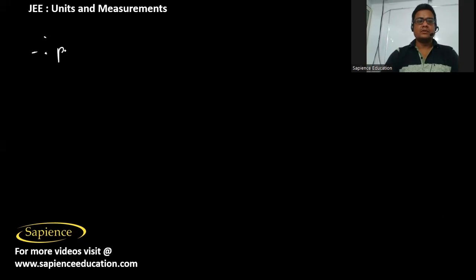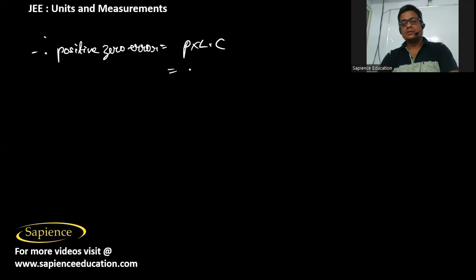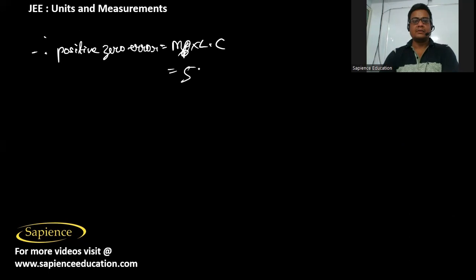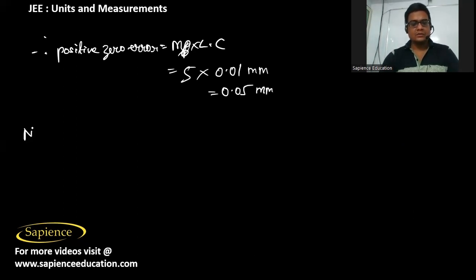The positive zero error will be equal to M times the least count, where M is the number of divisions the zero of the circular scale lies below the reference line. So here M is 5, that is 5 into 0.01 millimeter, so that is 0.05 millimeter.